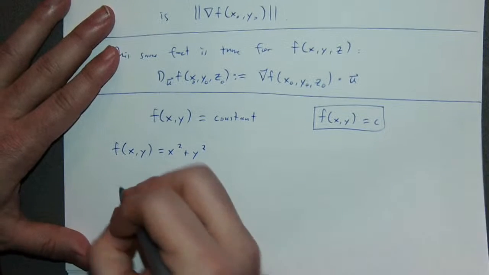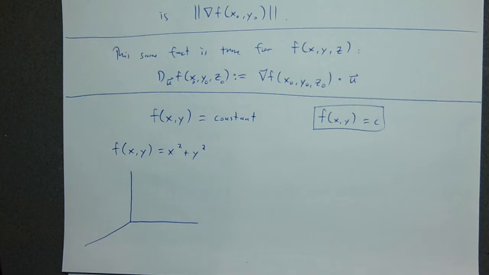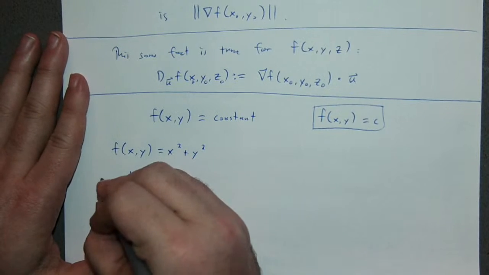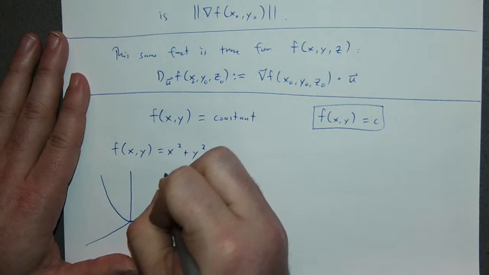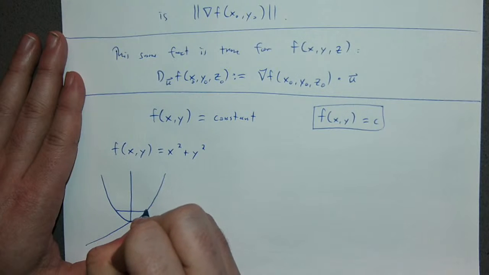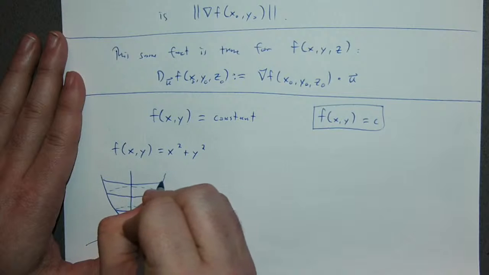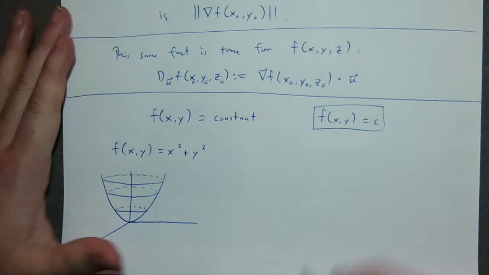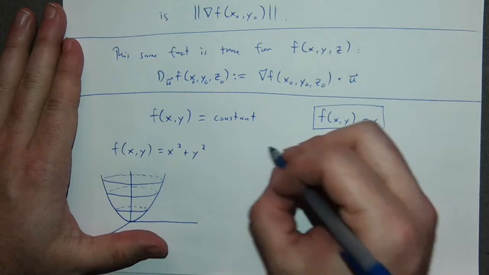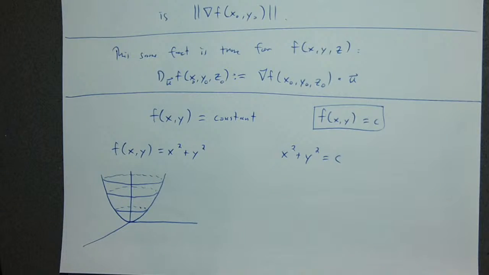We already saw earlier last week when we were sketching the graphs of these things, this is a circular paraboloid. Oh, by the way, I keep forgetting to put up a nice list of some of these shapes. I'll do that before class on Wednesday. So the graph of this thing looks like this. That's what the graph of this f looks like. Okay. But what if I take this f and set it equal to a constant? What does the graph of this look like?